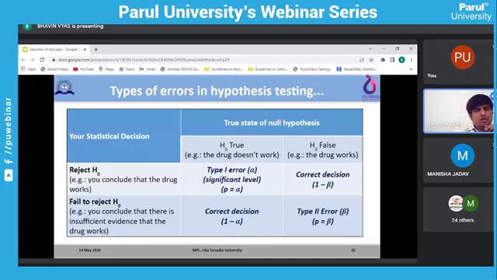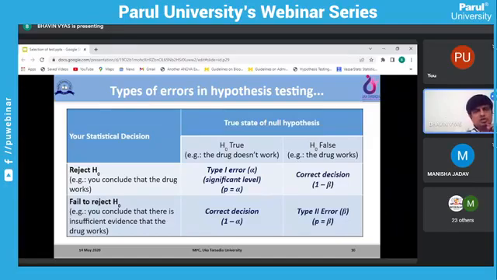And we can control that by prior fixing of power, how much power of the statistical test is required.